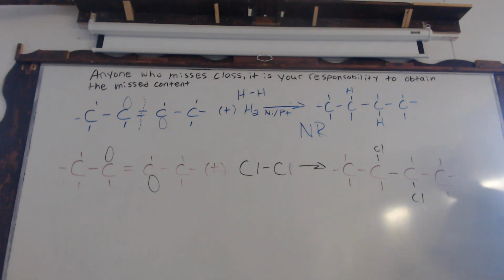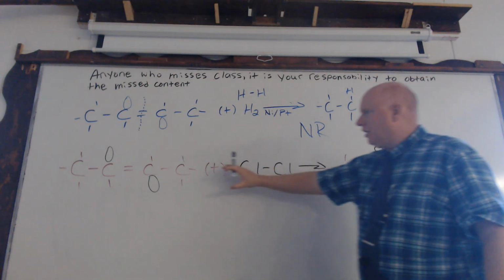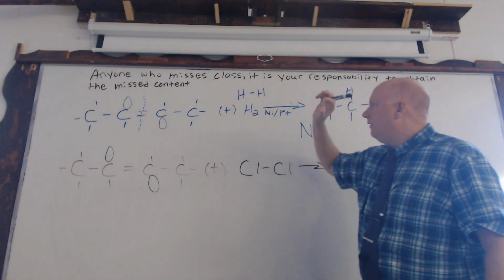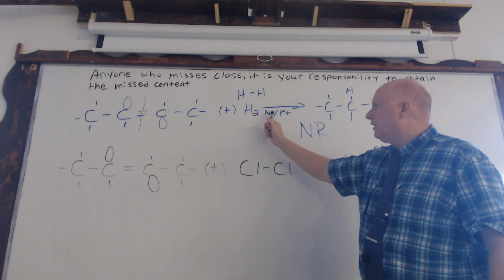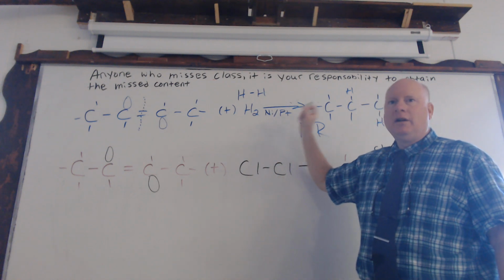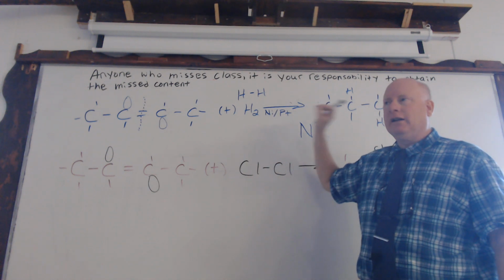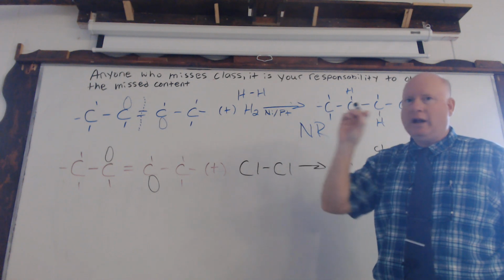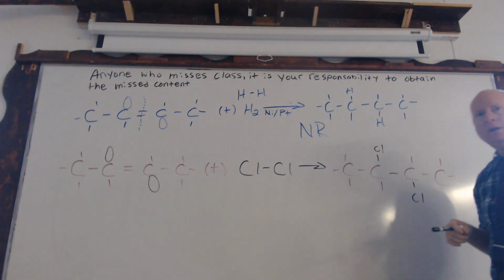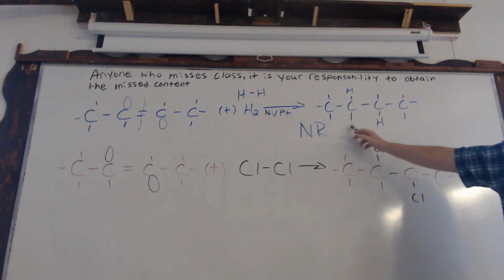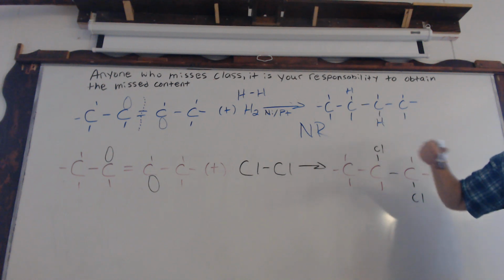Wait, so how do you know it's a no reaction? Because anything like this is going to react unless it's this. This has to have a catalyst. Hydrogen and aromatics, but we're not to the aromatics yet. This is the only one that needs a catalyst. So what would be one that's not a reaction?